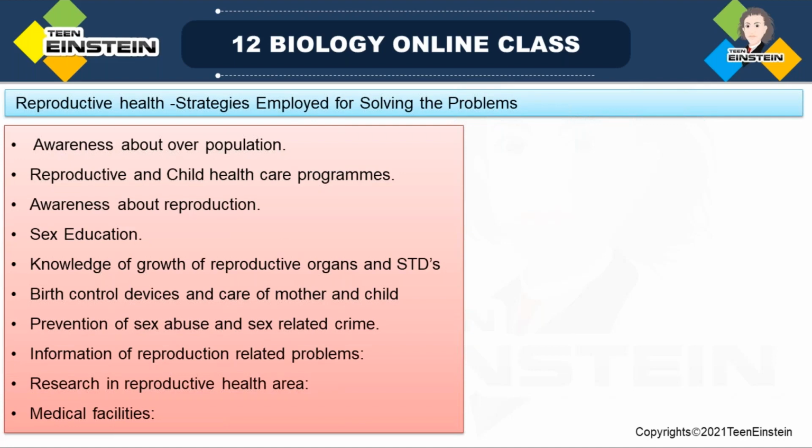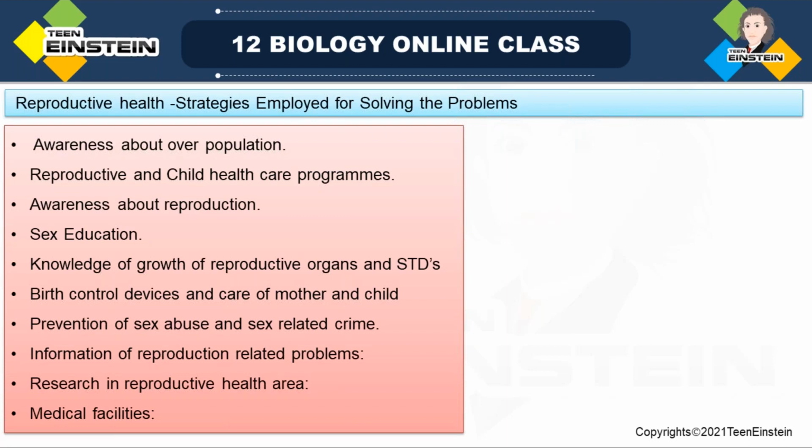All these are the problems that a reproductively healthy society faces. So we need medical support to overcome these problems, and better techniques, new programs and new strategies to overcome these challenging issues, right? So that is the main thing, better care and help for people who are facing problems. In that way also we can solve the problem.